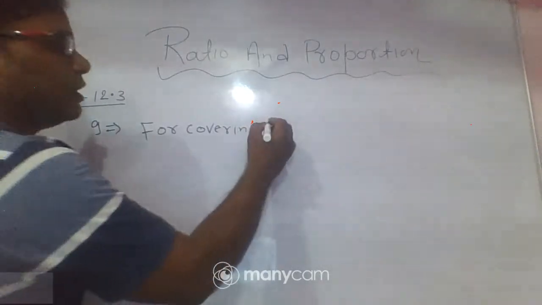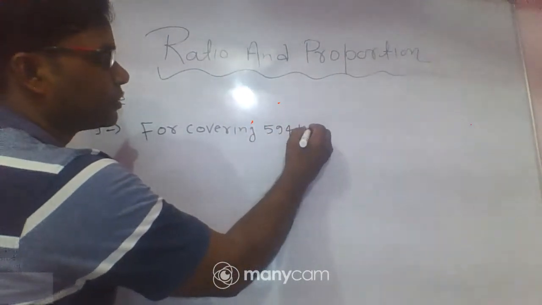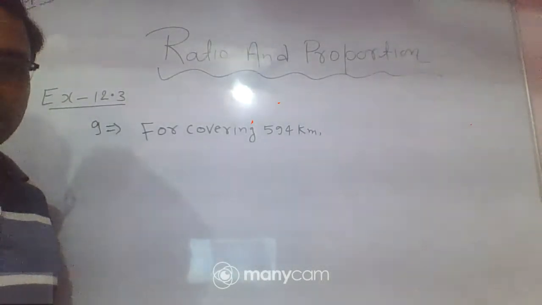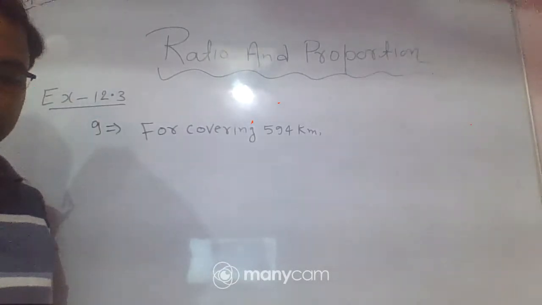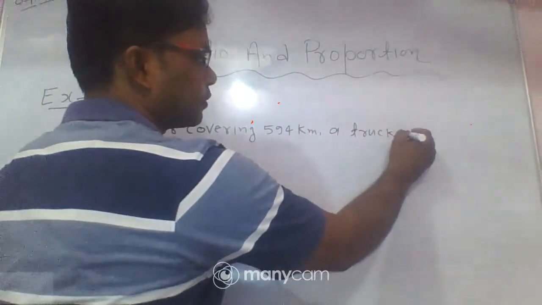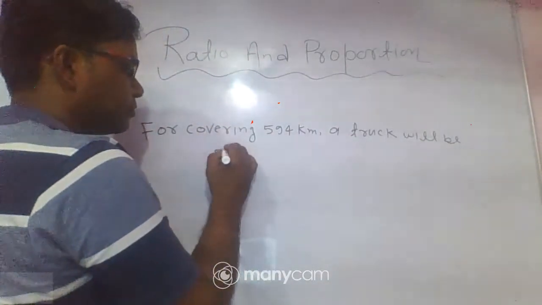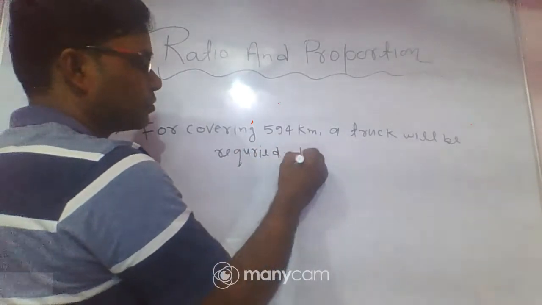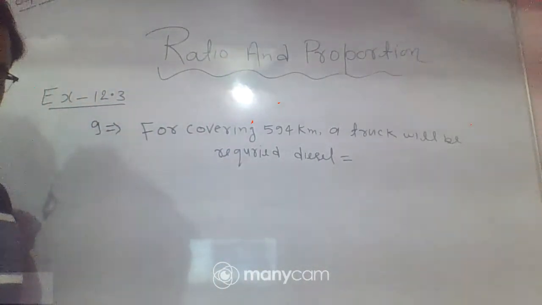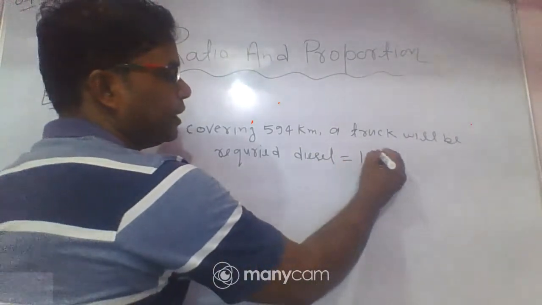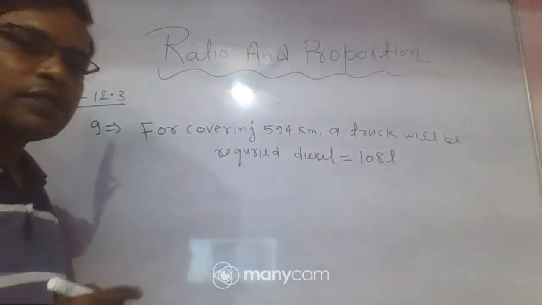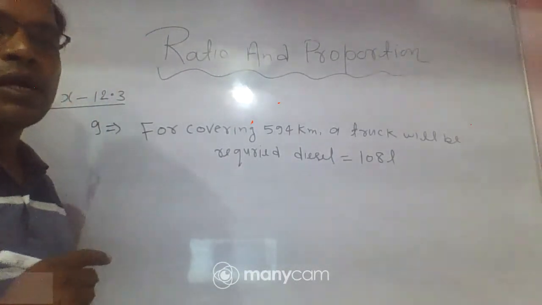So here you can write, for covering 594 kilometers, how many liters of diesel will a truck require? 108 liters. 108 liters of diesel is required to cover 594 kilometers.